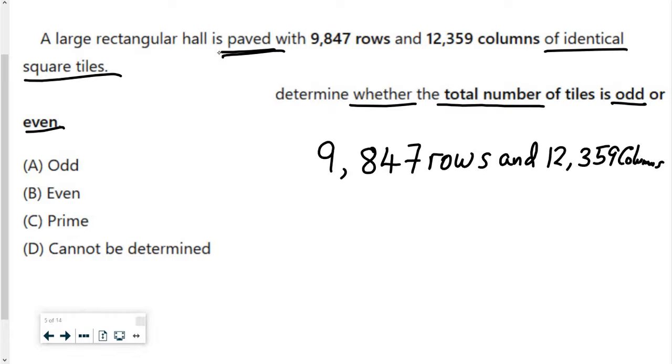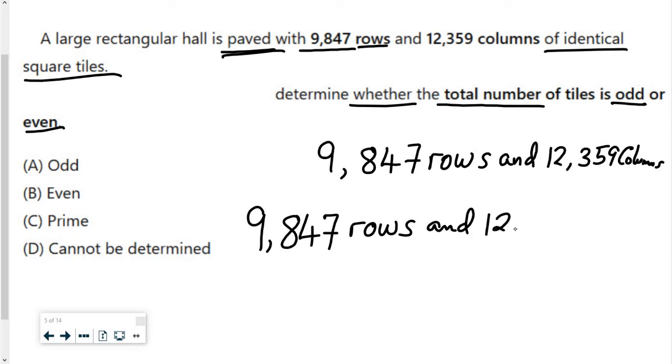A large rectangular hall is paved with 9,847 rows and 12,359 columns. How do we determine whether the total number of tiles is odd or even?